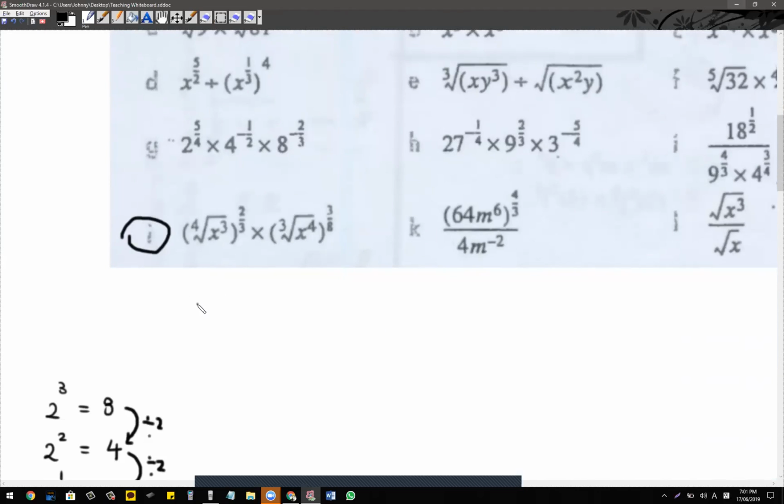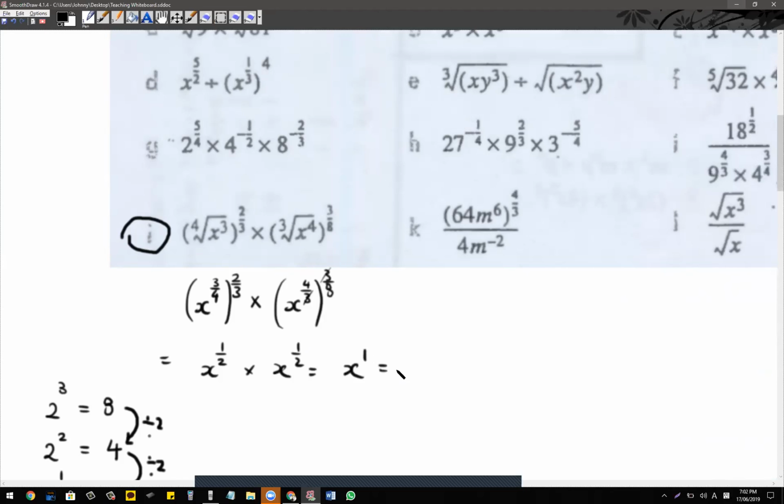So this is the same as x to the power of 3 on 4, that's that bit there, to the power of 2 on 3, times this one here, which is x to the power of 4 on 3, to the power of 3 on 8. You multiply them, so it's x to the power of 1 on 2 times x to the power of, that 3 cancels out, it's also 1 on 2. That's x to the power of half plus half, which is 1. So the answer is just x for that.